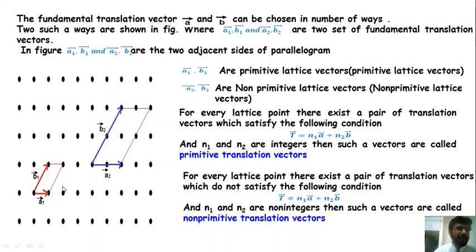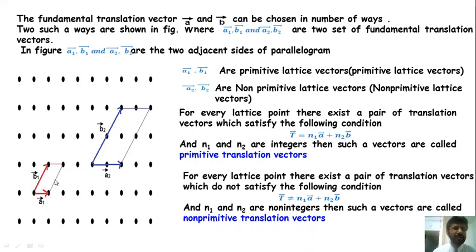Here A1 and B1 are the fundamental translation vectors which form the unit cell, which forms the square array or the parallelogram having the minimum area.